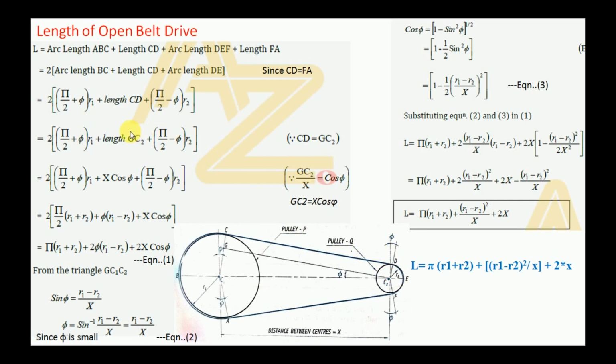Continuing, the first term, pi by 2 plus phi times R1, we keep as it is. The length CD is written as the length GC2. How is that?